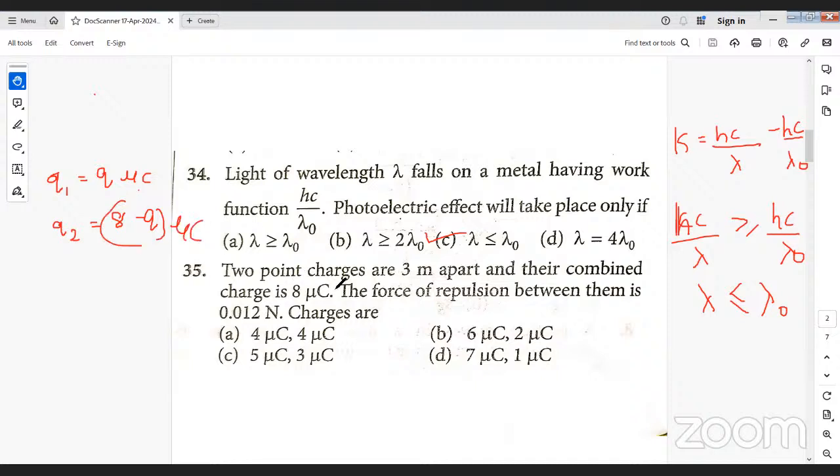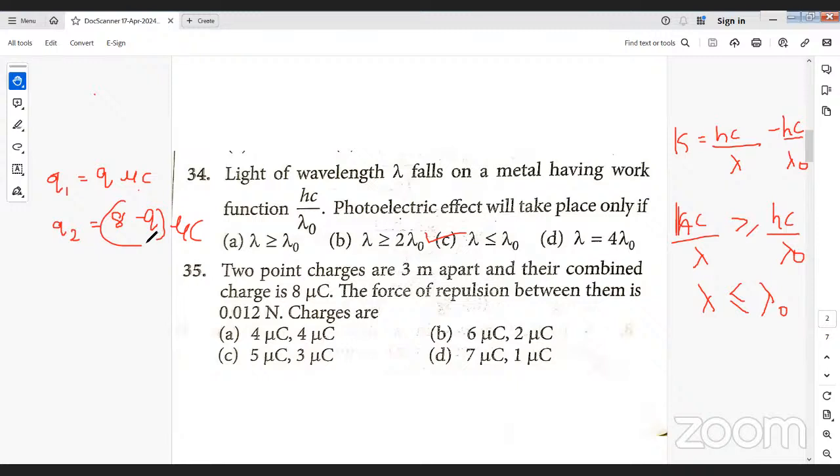Why? Because they are saying that two point charges are 3 meter apart and their combined charge is 8 microcoulomb. So suppose Q1 is equal to Q, then Q2 is equal to 8 minus Q.